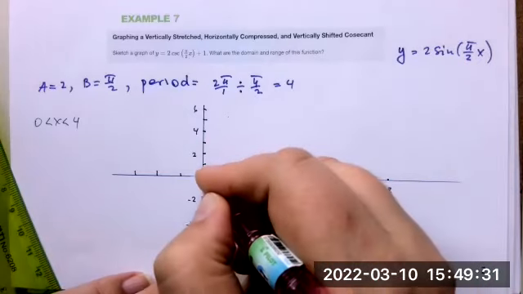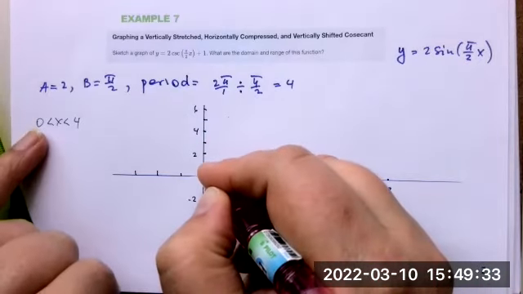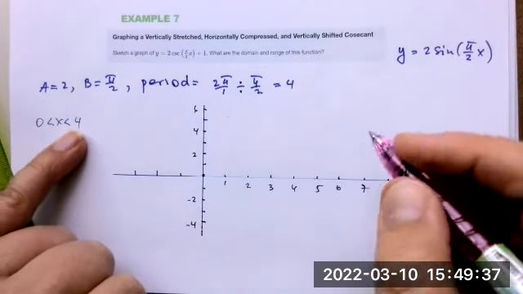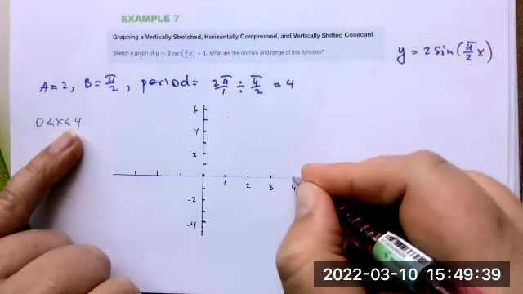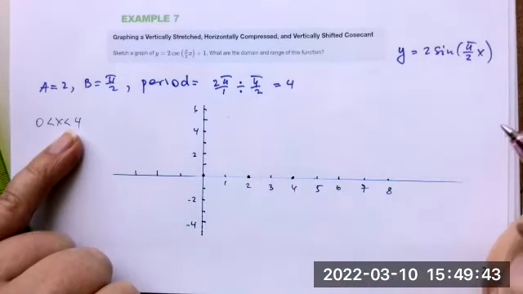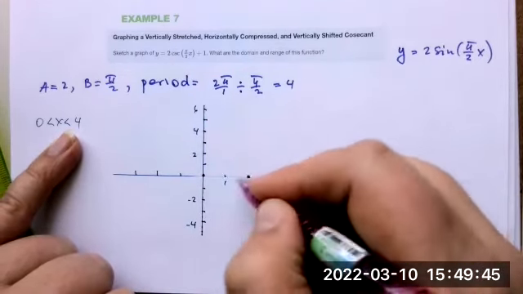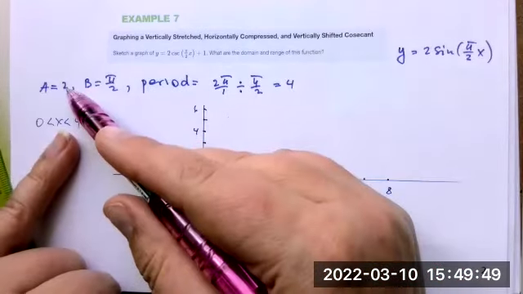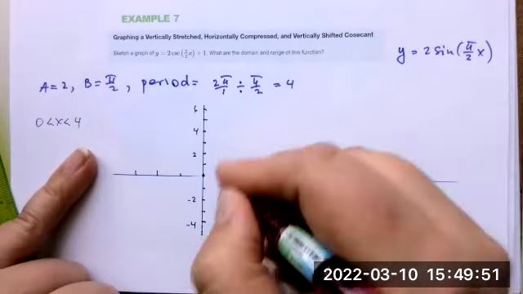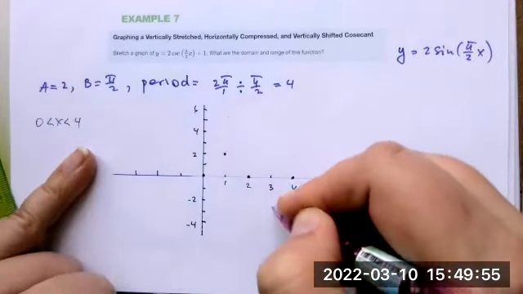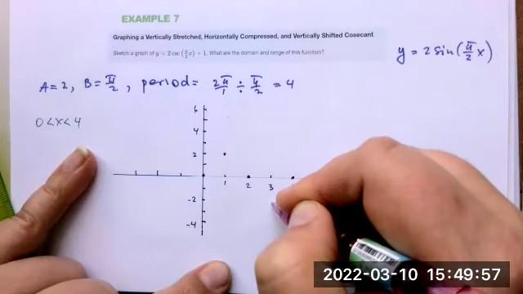So let's sketch. All right, here we go. Sine is 0 at 0, and it's again 0 at the end, and it also is 0 in the middle, and then it reaches its maximum a quarter of the way into the period, which is going to be 2, and the minimum is going to be -2.